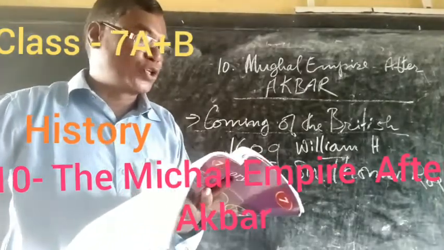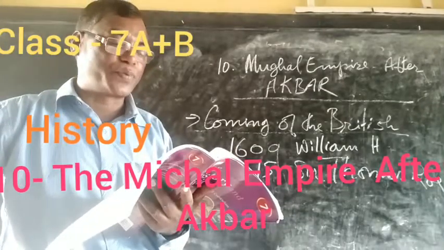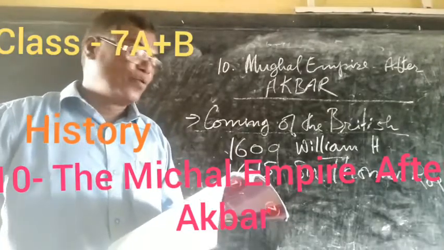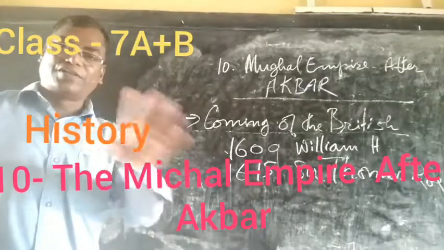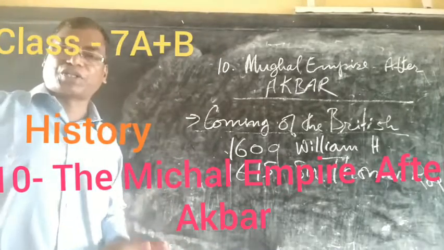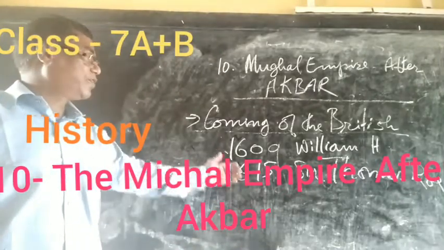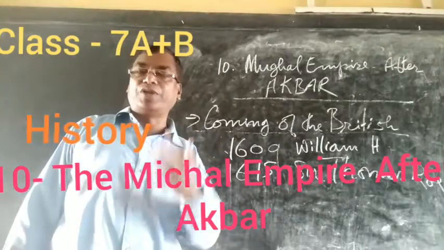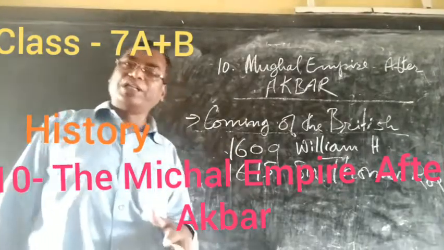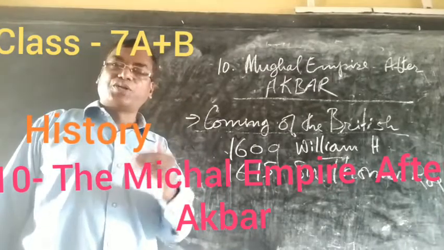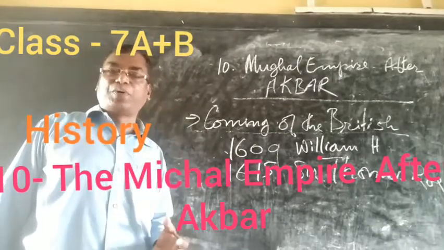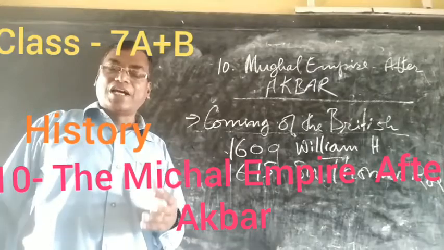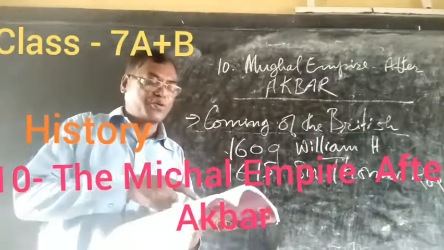Before that, the Portuguese had incurred the emperor's wrath. That means these Portuguese were quite strong over here, and many times they created problems. They had some problem with Emperor Jahangir, and so he was not happy with the Portuguese.